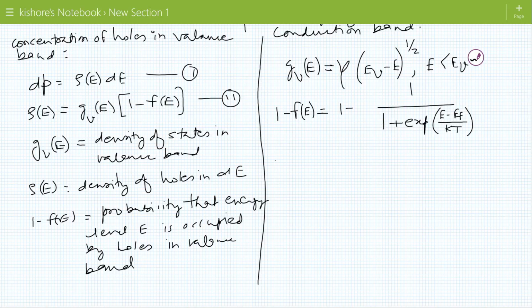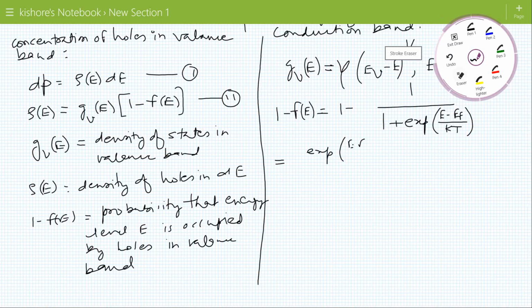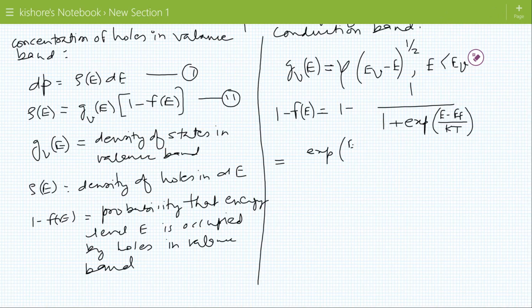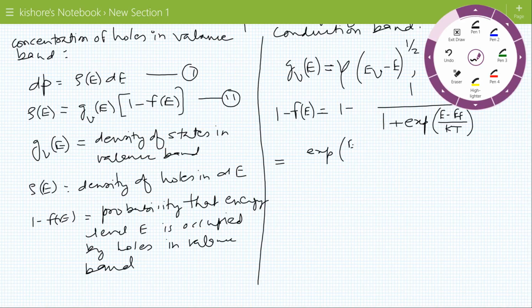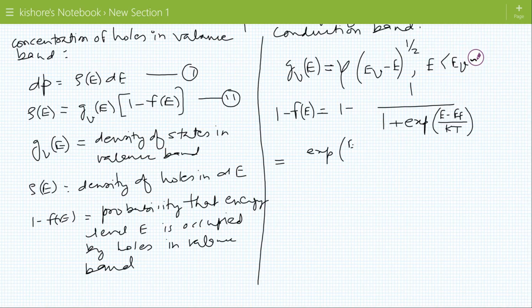So 1 minus Fe is e to the power (E minus EF) by kT divided by 1 plus e to the power (E minus EF) by kT.